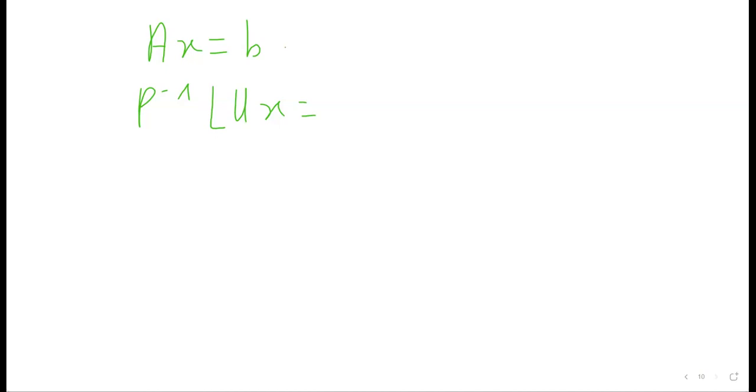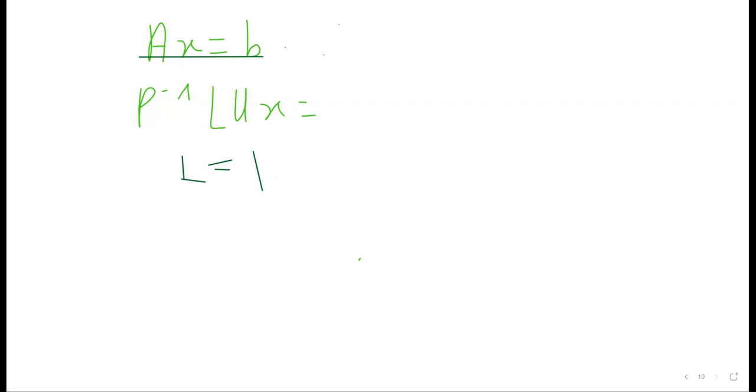I was thinking that since our AX is equal to B, and we have said that our real L that we need is equal to the P times the L that we would have obtained.